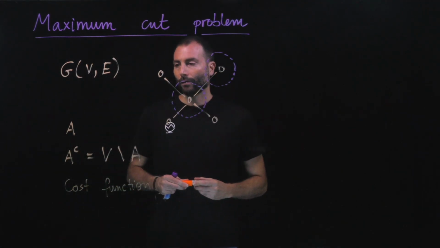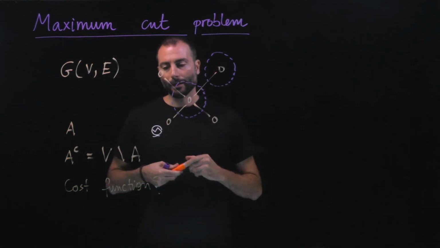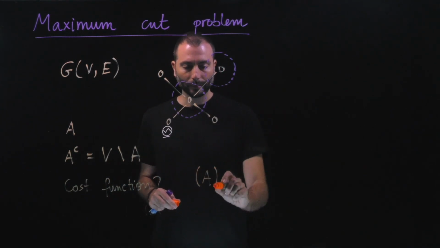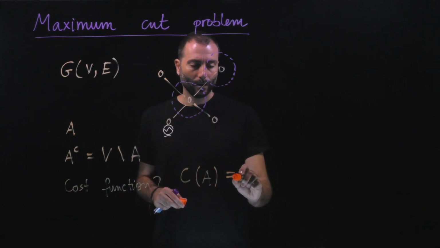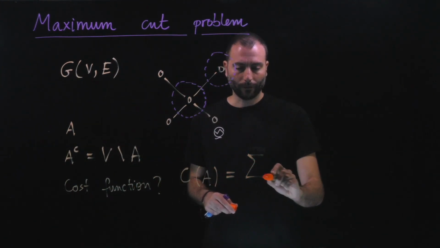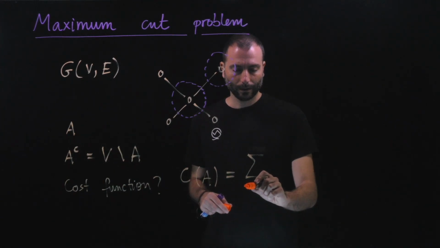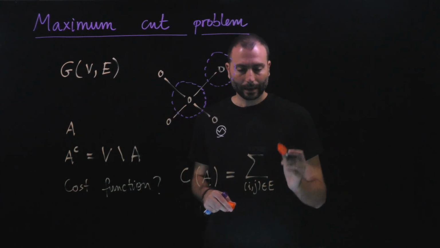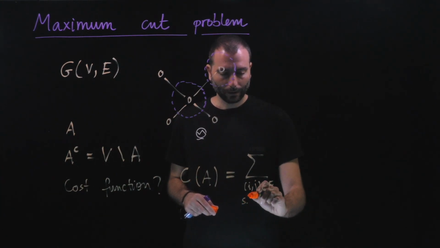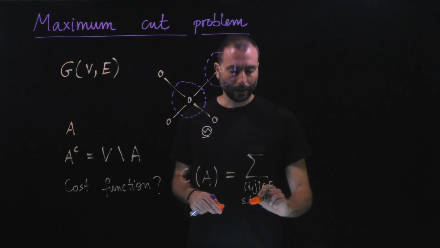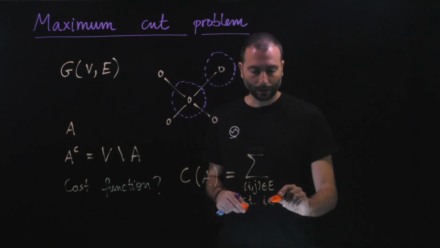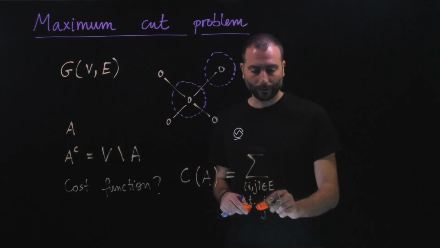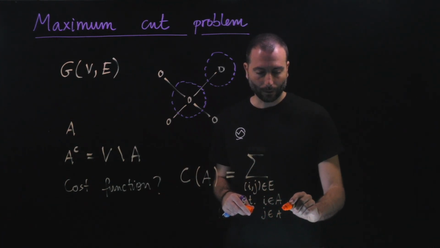Given a set of vertices A, the cost function of A will be given as the following: all the edges i, j that fulfill the condition that one of the vertices belongs to A and the other vertex of the edge belongs to A complementary.